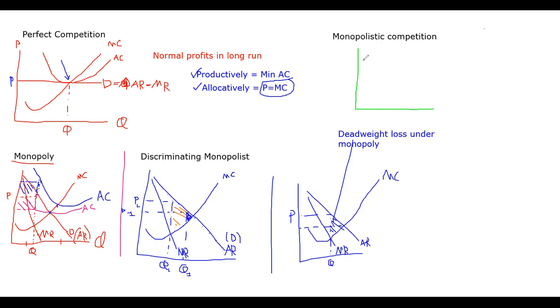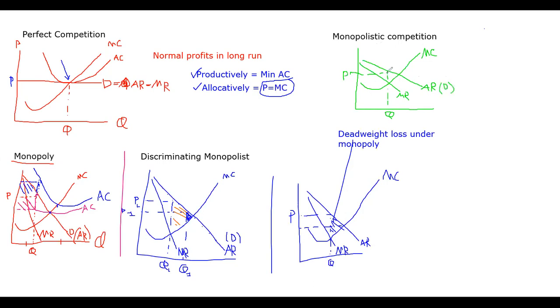Here, this would still be your AR, but it would be more elastic because there's less market power. This would be your MR, and this would be MC, and you'd produce where MR equals MC. Find a price from there, using your AR curve, which is your demand curve.